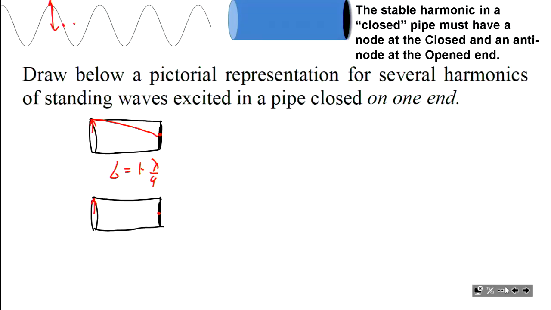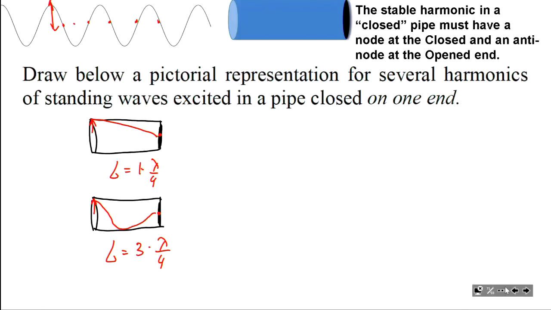So I have to move another quarter of a wavelength. That gives me a new profile, something like this. And now this length should be equal to 3/4 of a wavelength. Then the next will be 5, the next will be 7, the next will be 9/4.